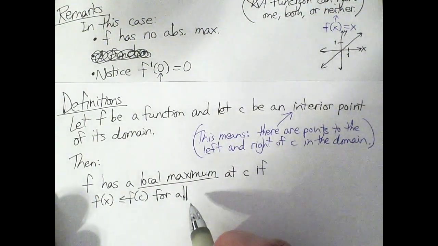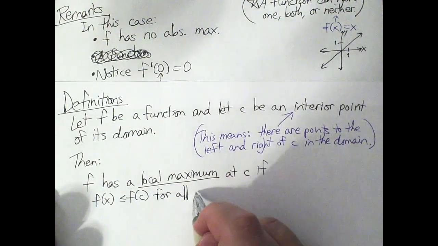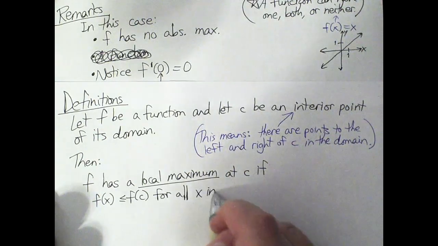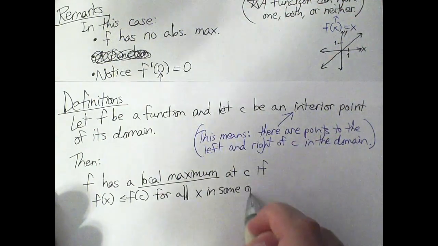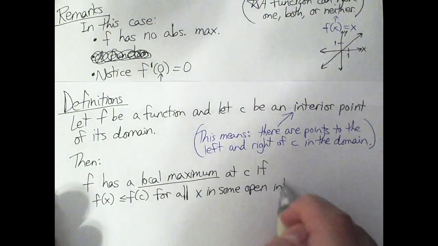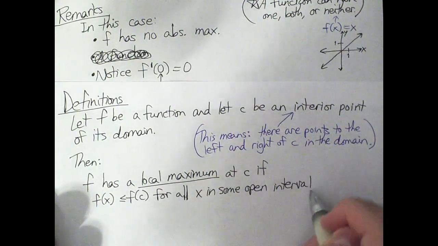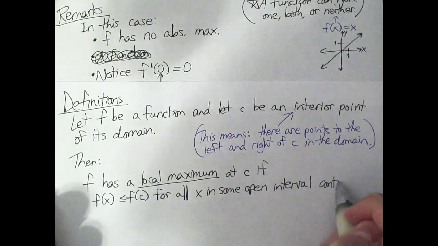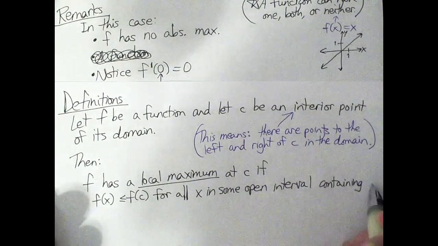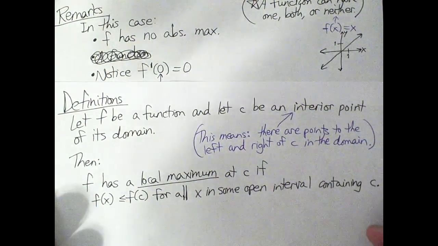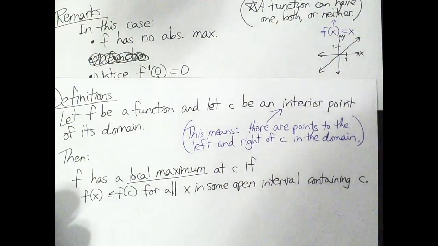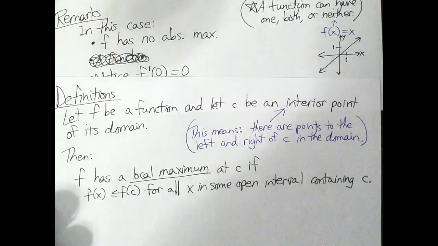This is going to be for all x in some open interval containing c. Do you remember what an open interval is? I'll talk about that. There's going to be another definition here, though.